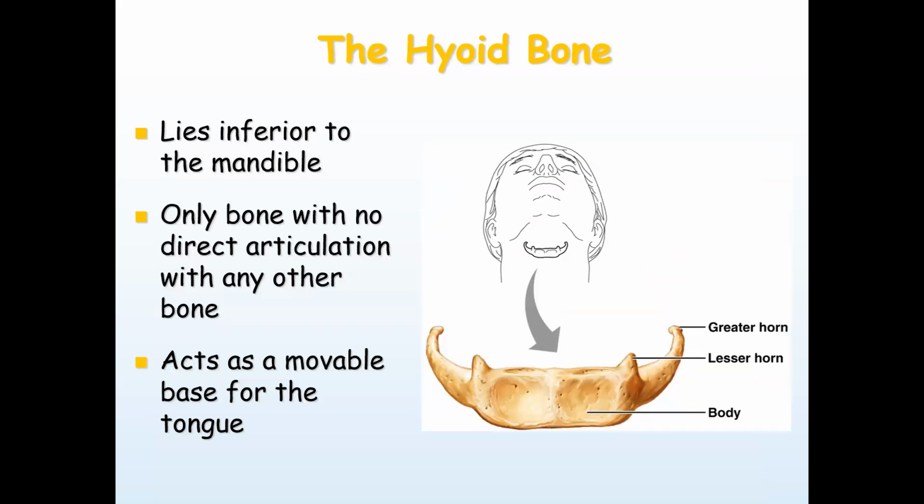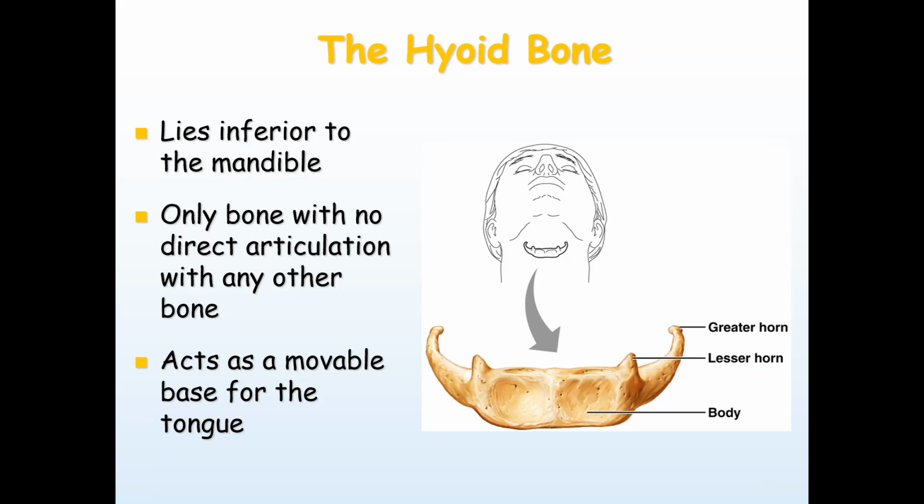Now this bone here, the hyoid bone, is one that we've mentioned before when we were doing the, what do I call it, the larynx. And I said to you at the time that the hyoid bone is special because it is the only bone in the body that does not form a joint with other bones, right? As it says here, it is the only bone with no direct articulation with any other bone, and it acts as a base for the tongue.